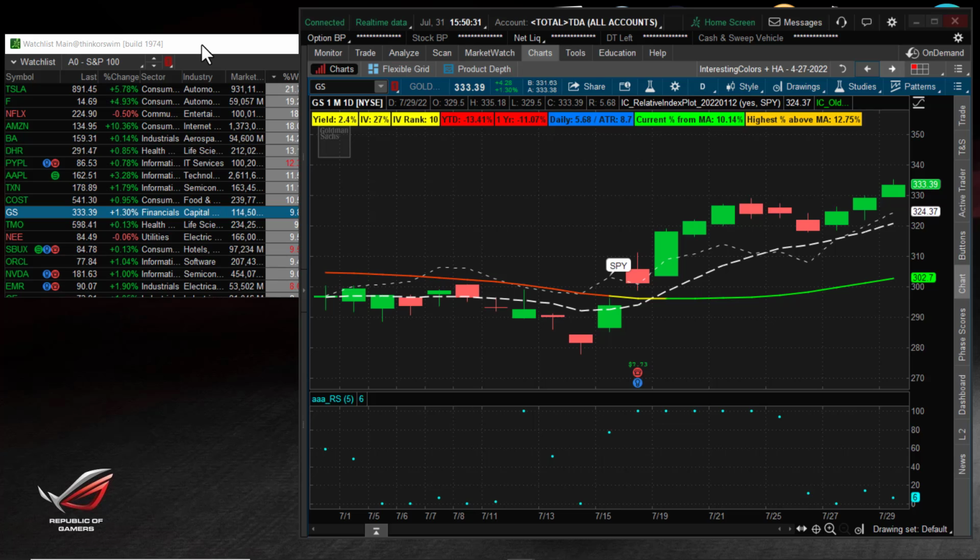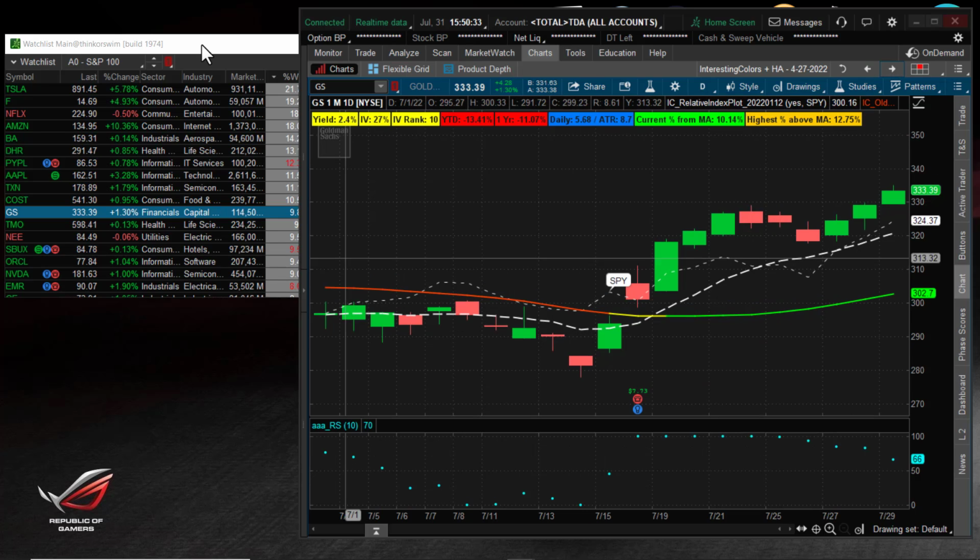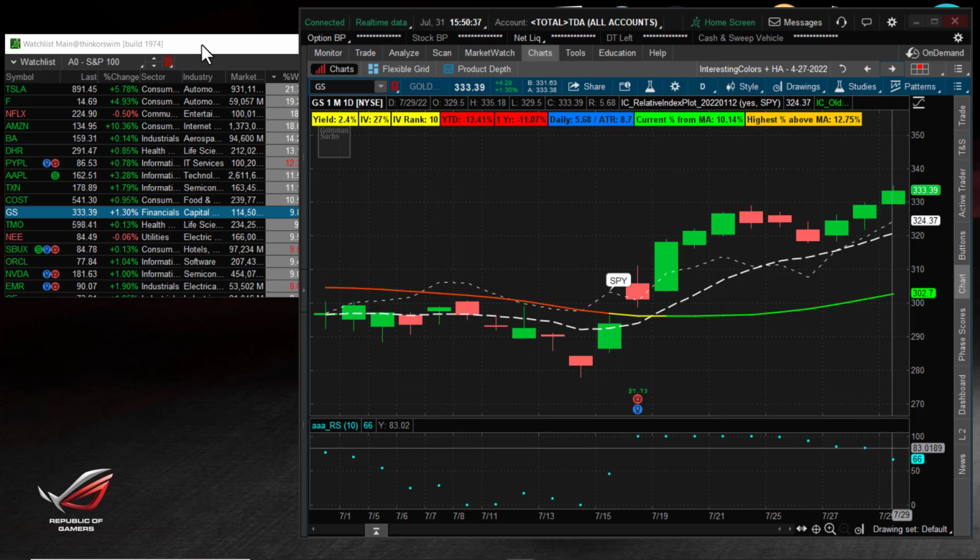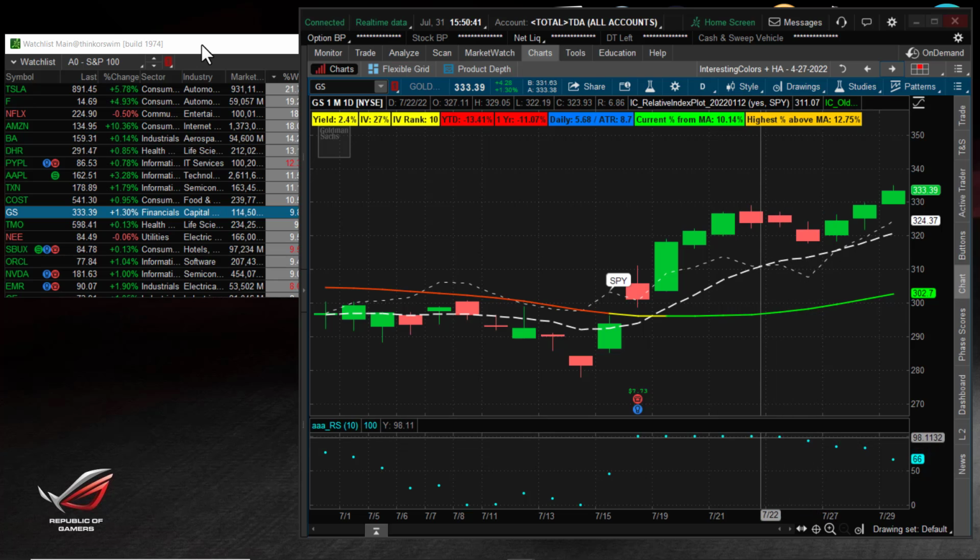If you move to the next grid, this is for the last 10 days, and you do the same exercise. 1, 2, 3, 4, 5, 6, 7. Well, let's count them all. 1, 2, 3, 4, 5, 6, 7, 8, 9, 10. Okay, so there's 10 days back.